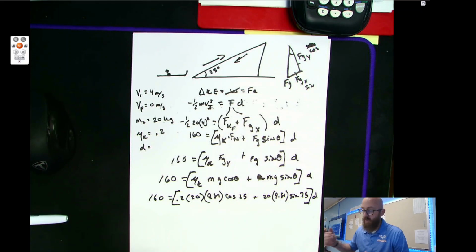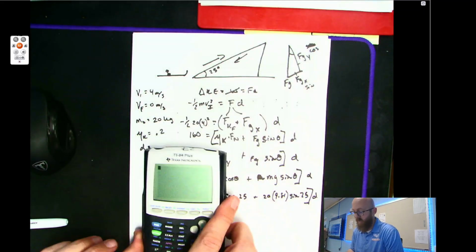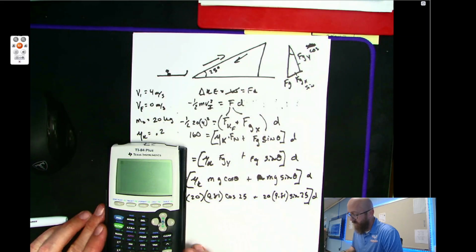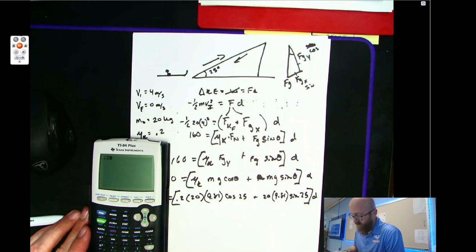Again, this is one of the reasons why you write everything out, but let's take a look and see what we can clear up. So let's do this first part first. 0.2 times 20 times 9.81 times the cosine of 25.